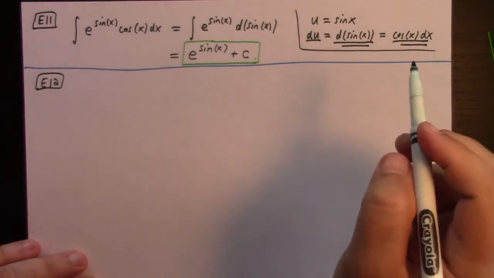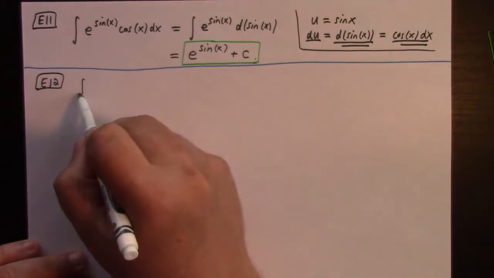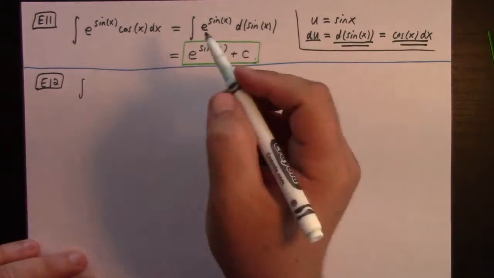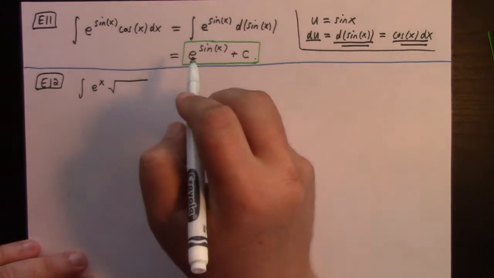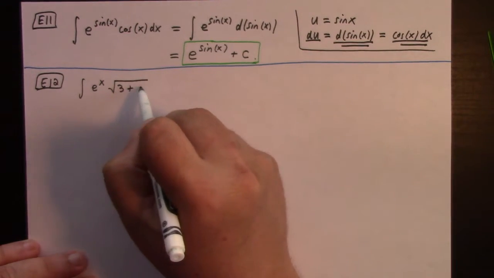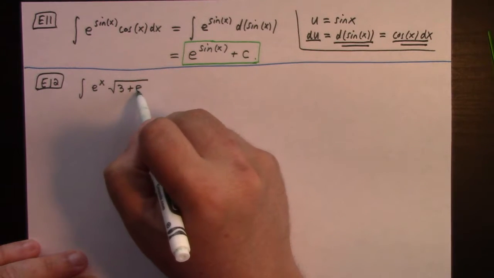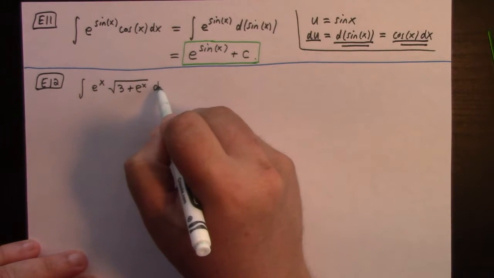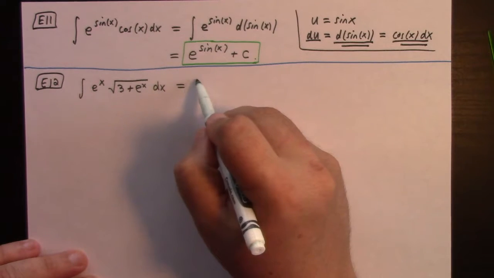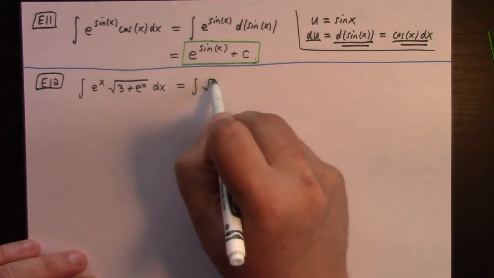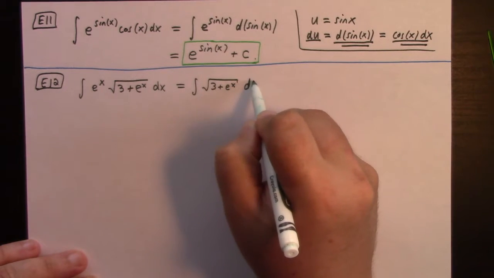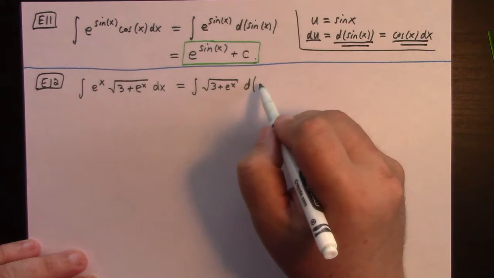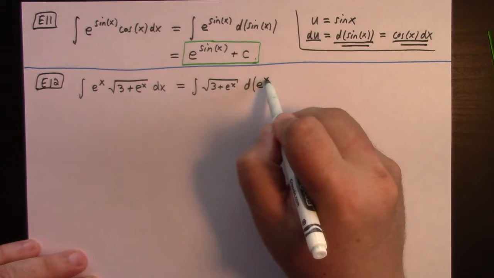All right, anyway, silliness aside. Integral of, I like this so much, let's try it again, e to the x times the square root of 3 plus e to the x dx. Well, that's the integral of the square root of 3 plus e to the x times the differential of e to the x plus 3.